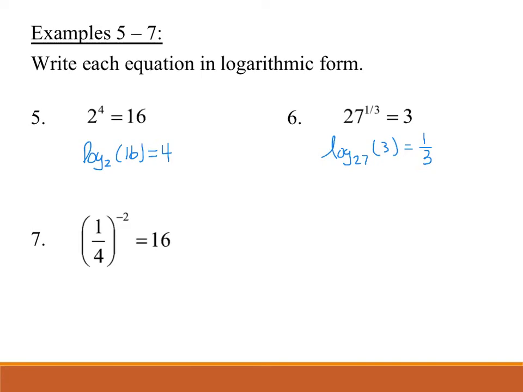The base number is 1/4. The power is -2, and the number is 16. So this means that the log base 1/4 of 16 is equal to a negative 2.